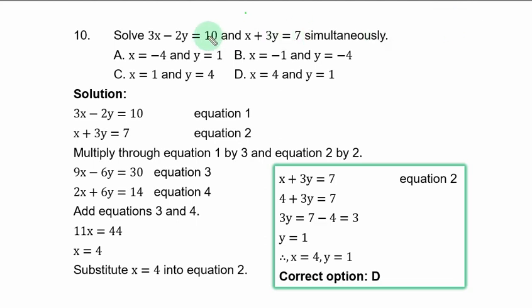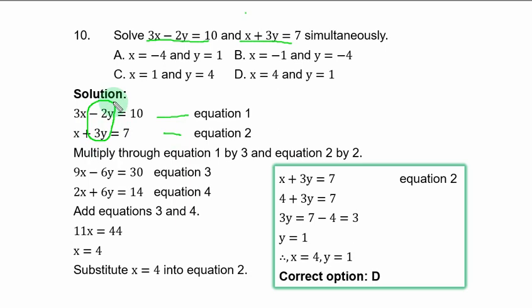Question 10. Solve 3s minus 2y equal to 10 and s plus 3y equal to 7 simultaneously. You label the two equations 1 and 2. I want to solve by the method of elimination, and I want to eliminate variable y. To do that, variable y must have the same coefficients in both equations.